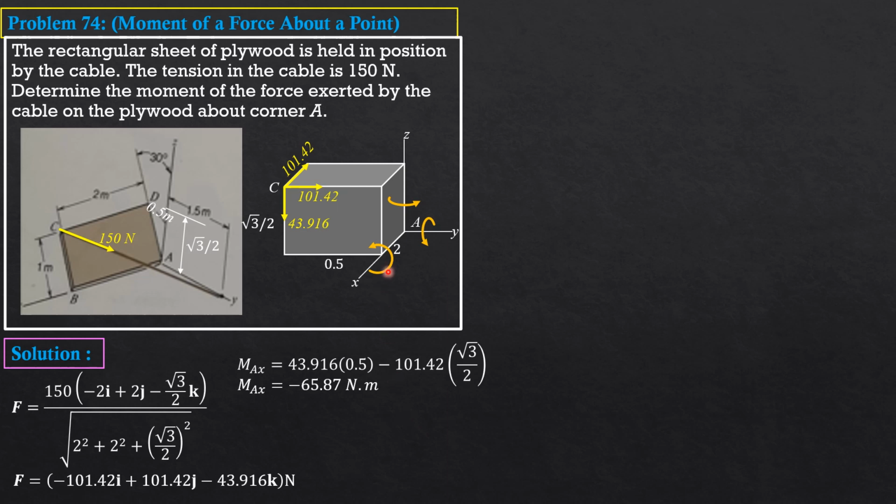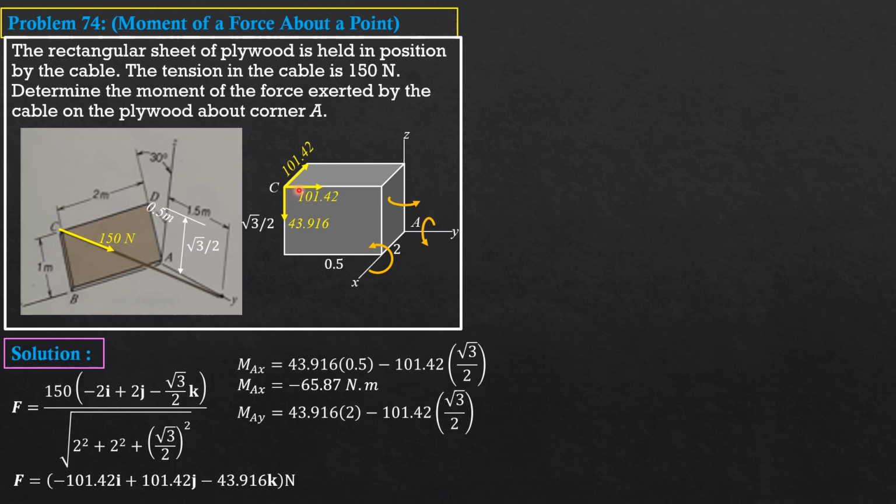Then MAY, this is the positive sense, same sense as this 43.916 times 2, then minus 101.42, that's negative, opposite to this sense, times square root of 3 over 2.